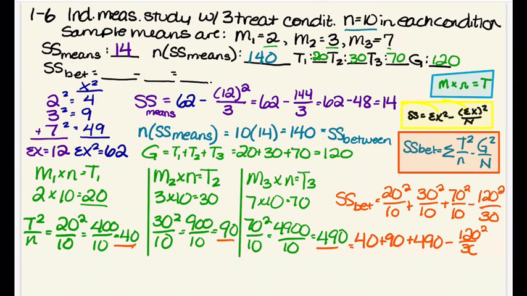When we finish our calculation, we'll find a sum of squared deviations between treatments to be 140, which is the same value we came up with earlier when we multiplied the number of scores in each treatment by the sum of squared deviations for the means.